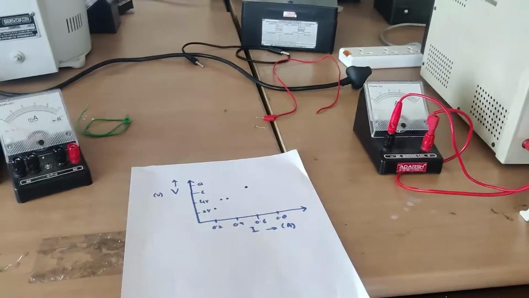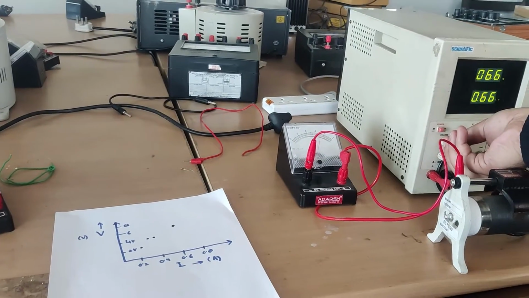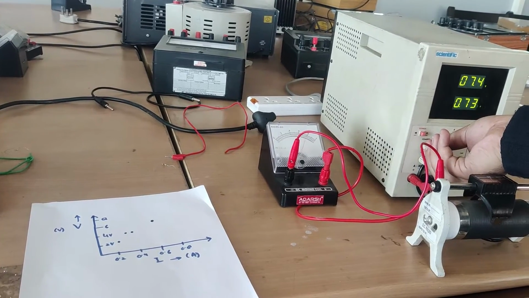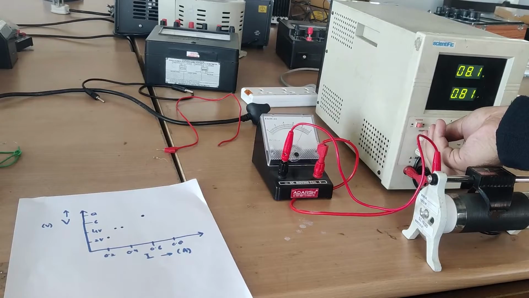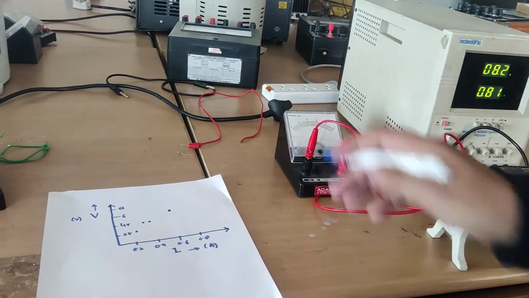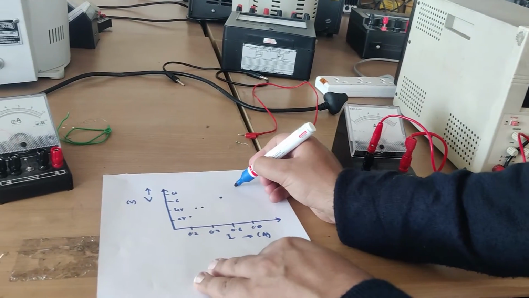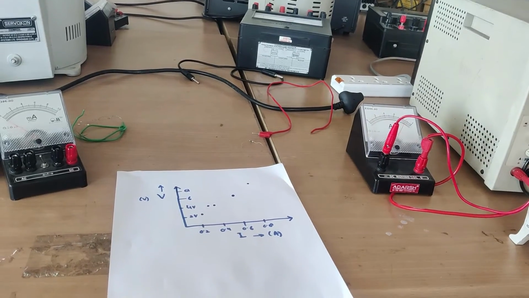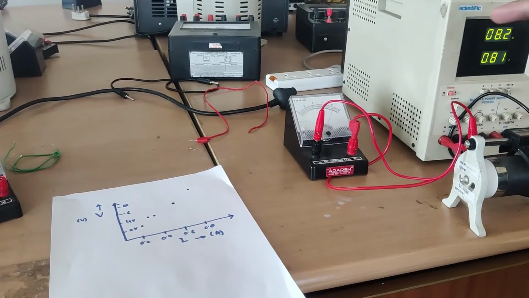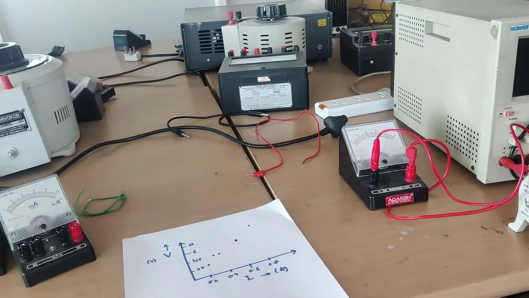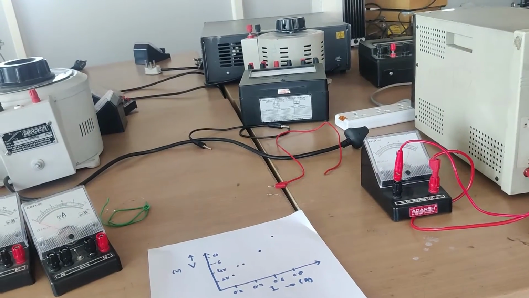Similarly, if I add 2 again, that is 8 volts, the same should be reflected on the output scaling factor, that is 0.8 amps. So you have seen the scaling: when I add to the voltage, the same multiplying factor is reflected on the output, that is, on the current.